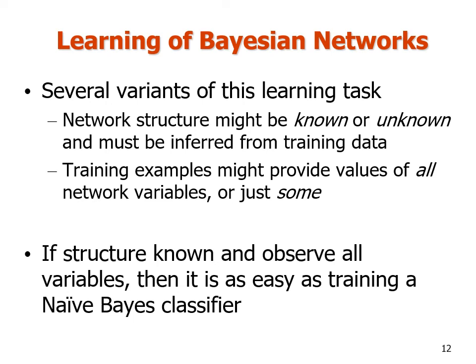But in many situations, this is not the case. That means the structure might not be known and values of only a few of the variables are known. In such situations, the learning task becomes difficult.